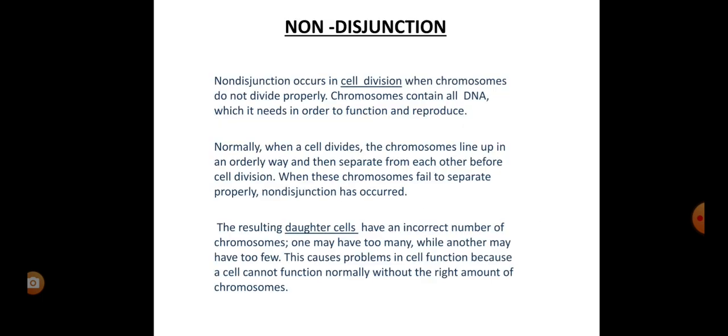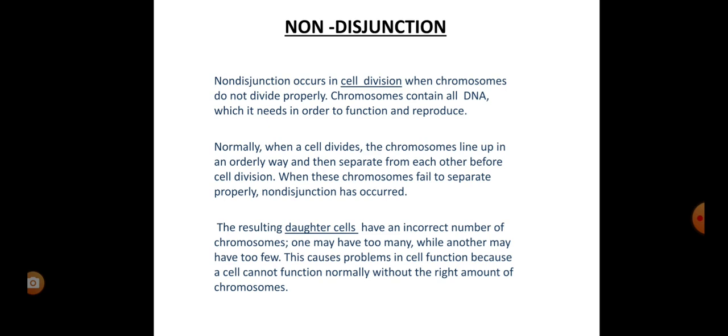Now what is non-disjunction? Non-disjunction occurs during cell division, and in non-disjunction the chromosomes cannot divide properly. Inside the chromosome all the DNA is present, which means the DNA needs to function properly and be able to replicate.